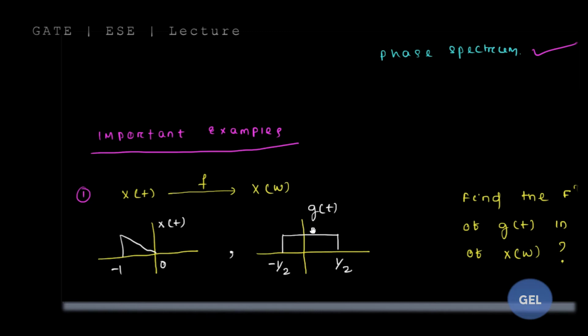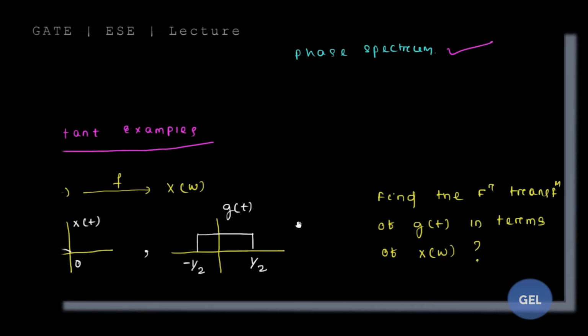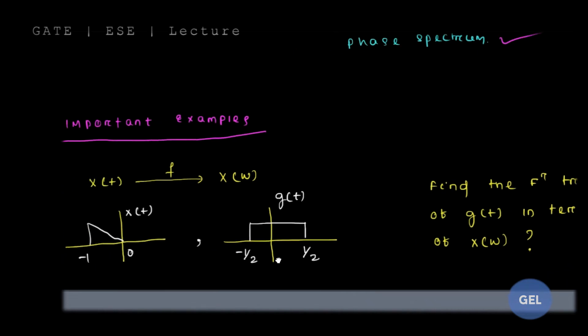We're not concerned about what the magnitude is. It could be 1 or anything. The question is: if the Fourier transform of x of t is x of omega, then find the Fourier transform of g of t in terms of x of omega. It is a very simple example.